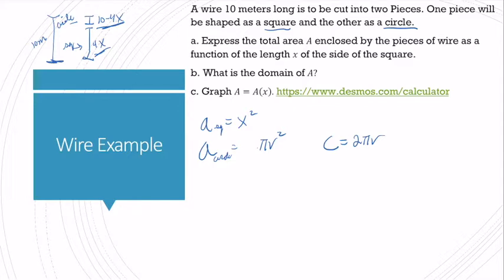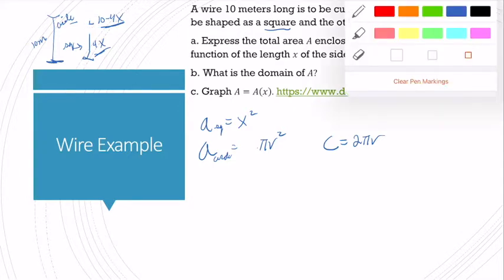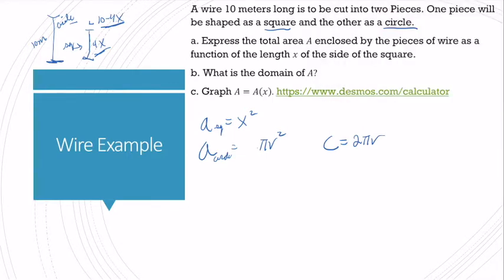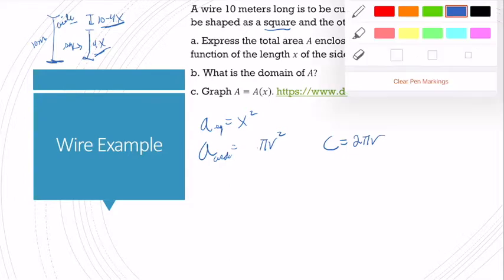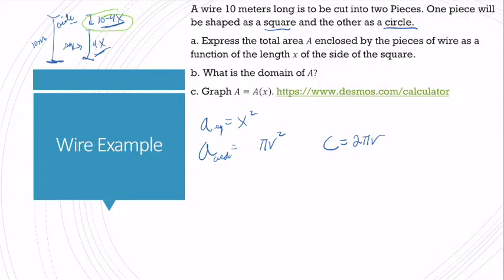I don't know the circumference exactly, but I know that this piece of wire that's length 10 minus 4x is what's going to become a circle. So that's my circumference. So I have 10 minus 4x equals 2 pi r. I'm going to solve for r. So I have (10 minus 4x) over 2 pi equals r.